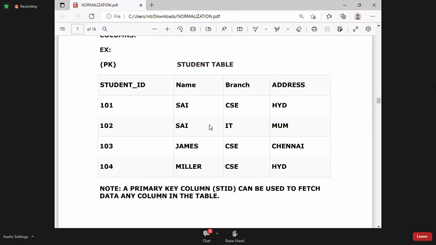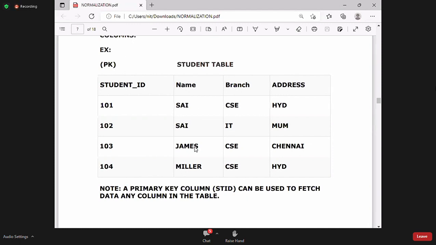Two Sais. So my required person will not come. All rows with the name Sai come to me. But do you want all people or the required person? The required person, whose name is Sai. But the problem is, on the name of Sai there are two students. So you are not getting accurate data.